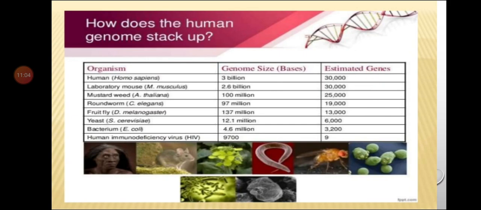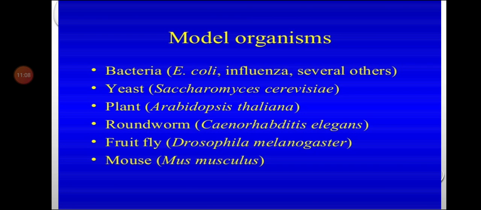These are our model organisms. The complete genome sequence of these model organisms will be useful for comparative studies that will allow researchers to study gene functions in these organisms.